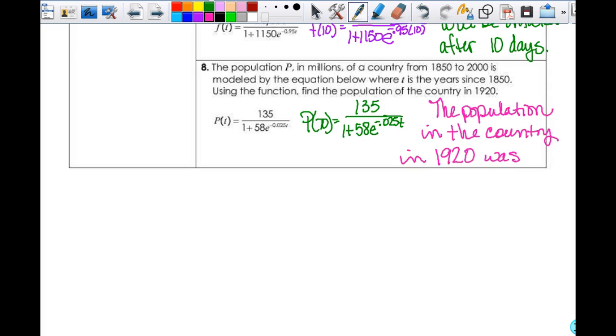Okay, so does that seem like a weird number? Yeah, at first, for a population of a country, you're like, so is that wrong? Why is it not wrong? Because it's in millions. The population peak is in millions. So that's not wrong. It should make you kind of go, whoop, what? And then if you think about what it means, it's not wrong.